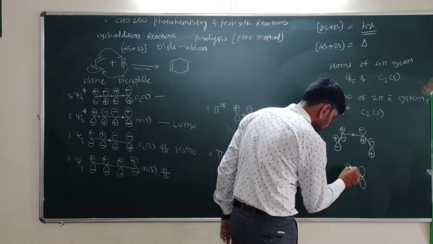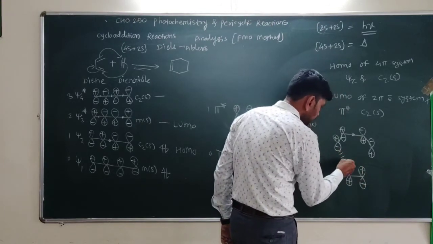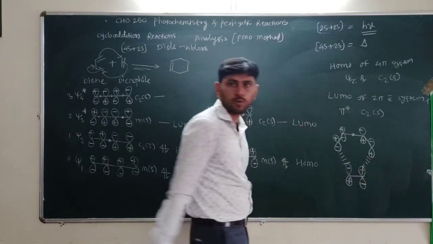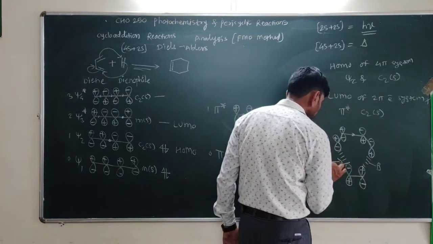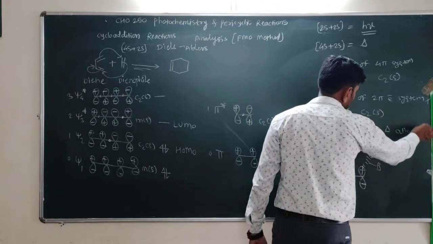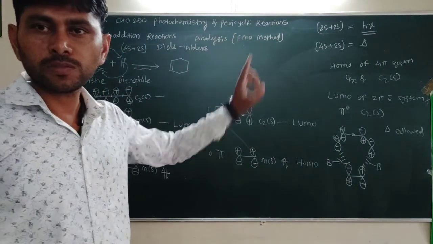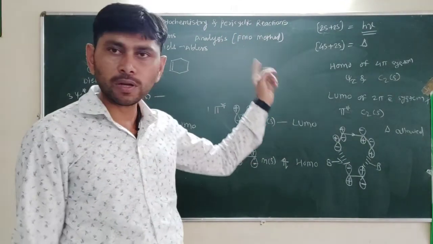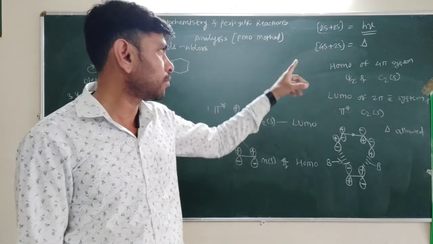C2 symmetry can be shown like this also. Now it is better to show the overlap in this manner. So both show bonding overlap. Hence this reaction is a thermally allowed reaction. So it leads to these two selection rules: 2s plus 2s cycloaddition reactions are photochemically allowed, and 4s plus 2s cycloaddition reactions are thermally allowed reactions.